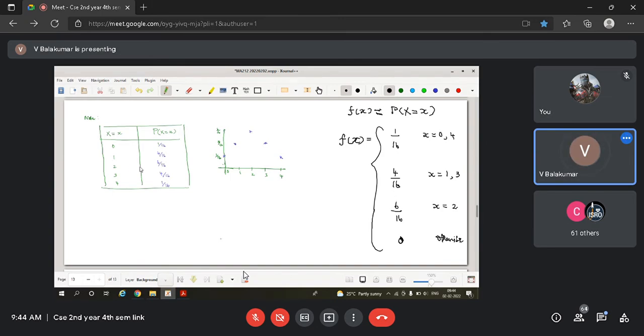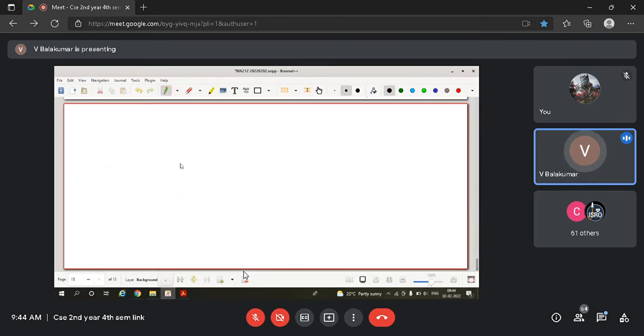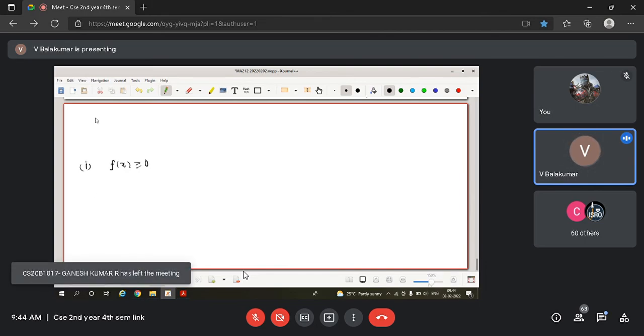Whatever I explain is from this screen. All the three properties I shall list out now. What are the properties? My function should be non-negative. And suppose the random variable, maybe I should write that also.